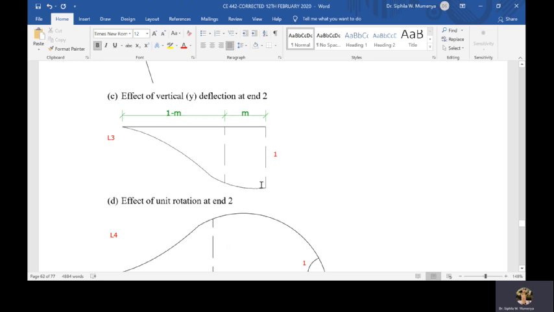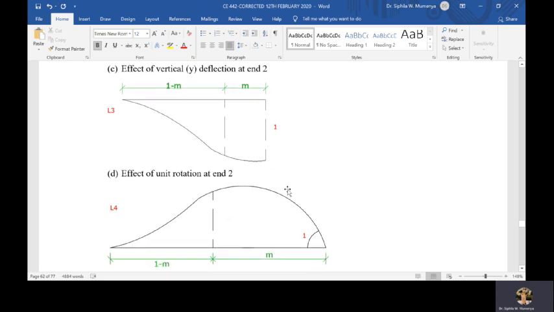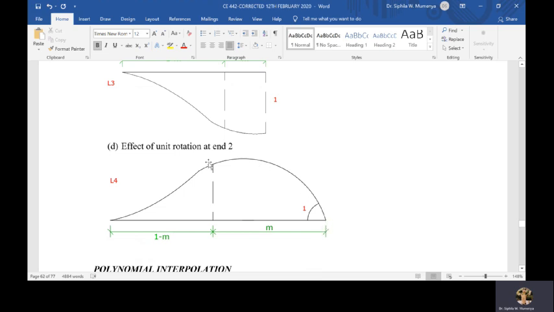And as we give the vertical displacement, there must also be a component of deflection. So we give a unit displacement, and you also give a unit rotation at the same node. So you have values for the effects of the unit displacement and also effects of unit rotation.